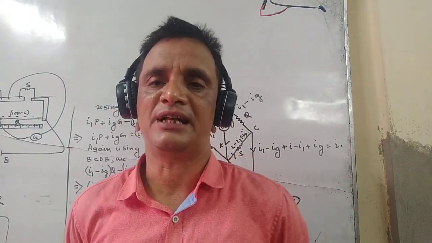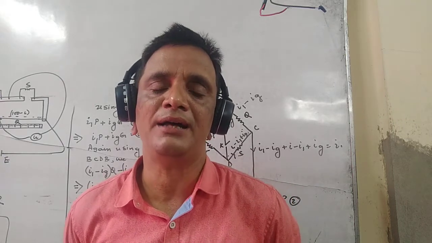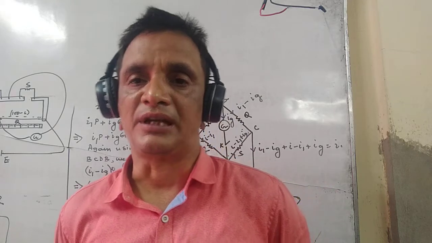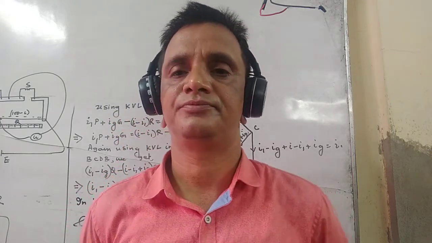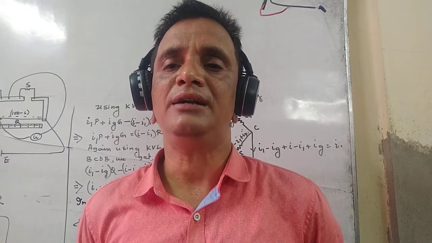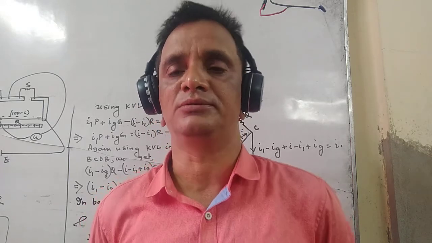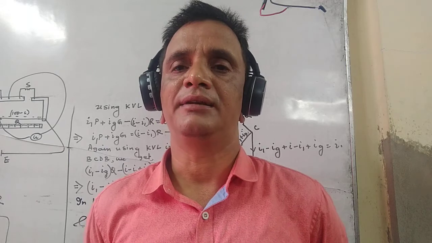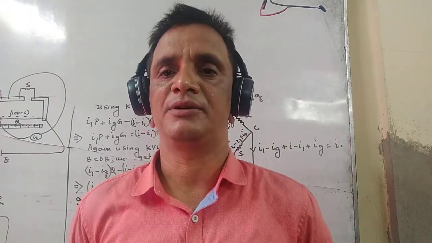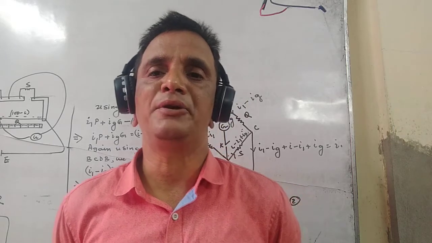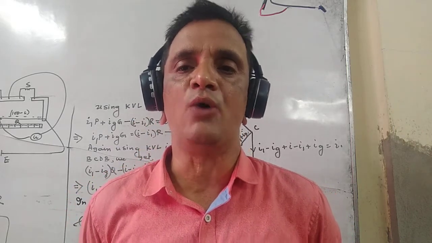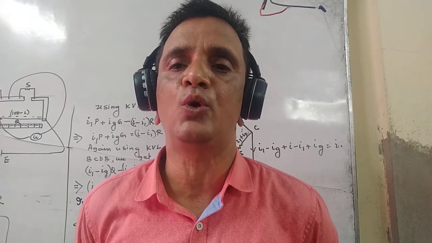Wheatstone Bridge is an arrangement made by four resistances in which three of them are known and one is unknown. It is that type of arrangement where, by knowing the three resistances, we can find out the value of the unknown resistance.